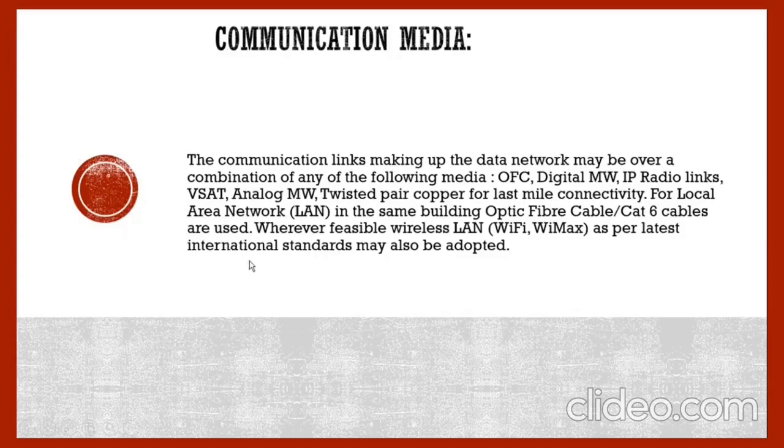Now these are the communication media they are using. It is good to note they are also saying Wi-Fi and Wi-Max, as per international standards, may also be adopted. So it is not used yet, but this might be adopted in future. And by the way, all this information is gathered from the official website.